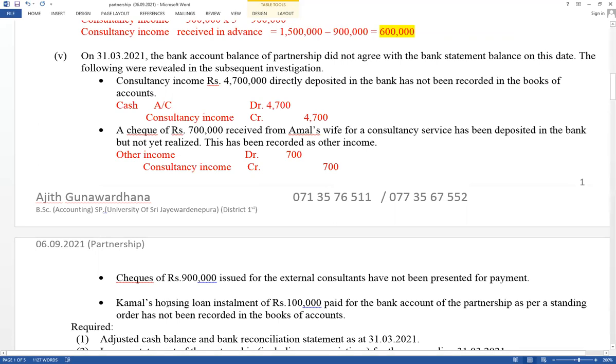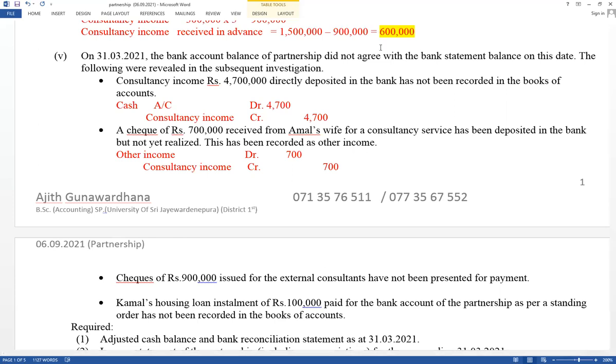Think Kamal's housing loan installment of 100,000 paid from the bank account of the partnership as per standing order has not been recorded in the books of accounts.